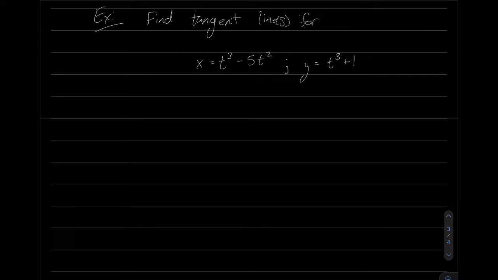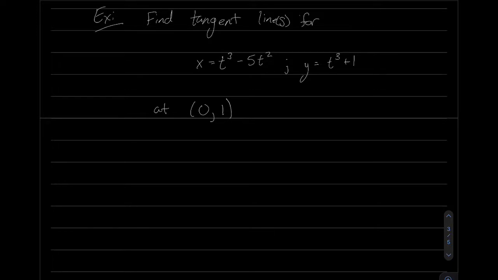So we want to find the tangent lines for x equals t cubed minus 5t squared and y equals t cubed plus 1. And we want to find this at the point 0, 1. Okay. First, let's take a look at the question. It's asking for the tangent lines and not the tangent line.